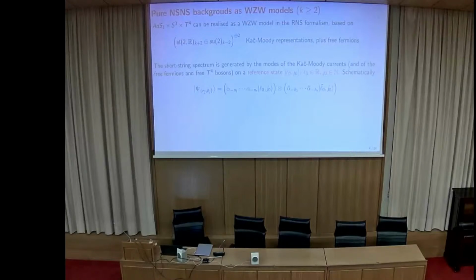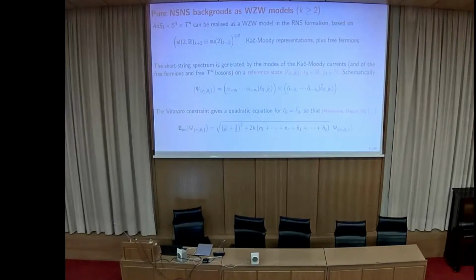And what you say is that you have a bunch of modes of the Kac-Moody currents for SL2 level K plus 2, SU2 level K minus 2. You also have the T4, so you just have 3 modes on the T4. And you pick some reference highest weight state for the SL2, SU2 Kac-Moody, and you act with a bunch of creation operators on the left.